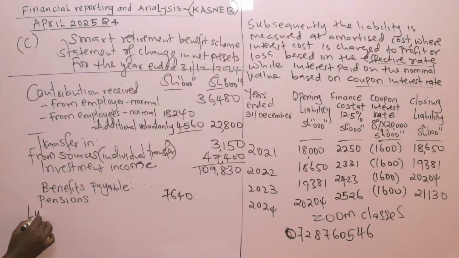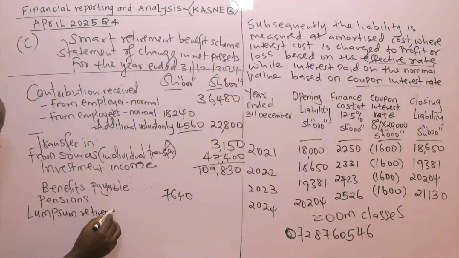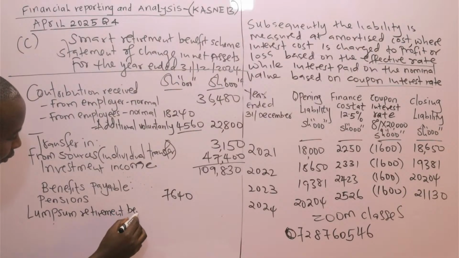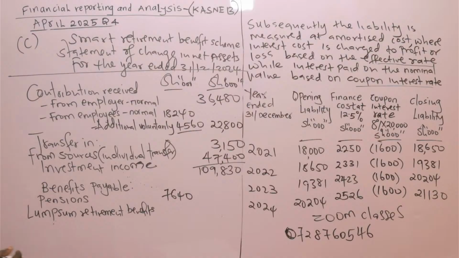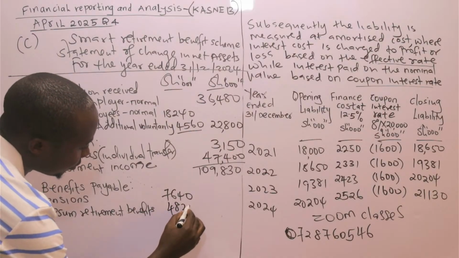Then there's something I can see called lump sum, the one paid once. Lump sum, remember, is something paid once. Lump sum retirement benefits, I can see it under the trial balance, of 4,820.